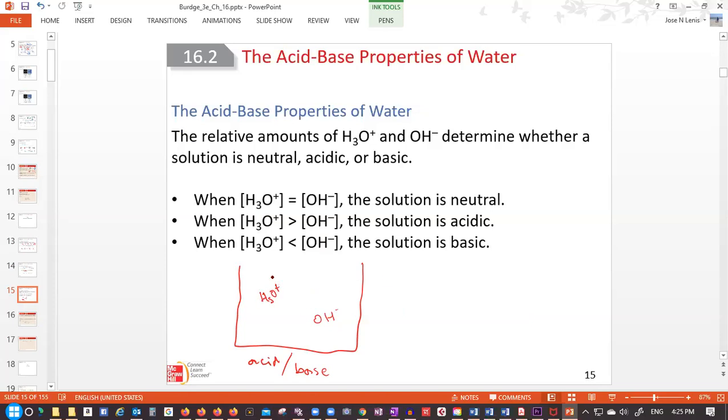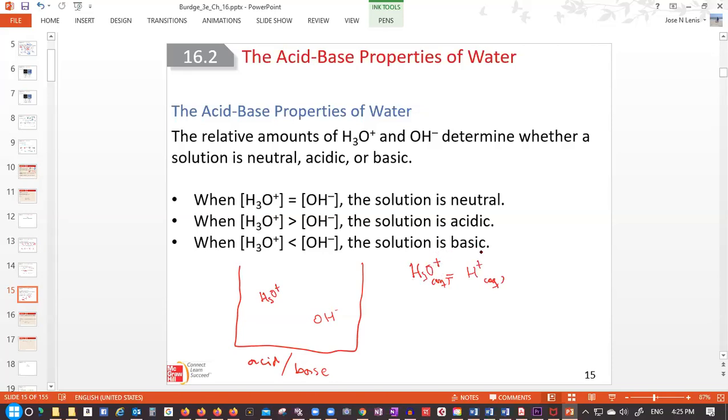Remember, the H3O plus, the hydrogen ion, sometimes is written as just H plus, H plus aqueous, and this is also always aqueous, right? This is a shortcut way to write it, and this is the actual species that we can find in the aqueous solution.